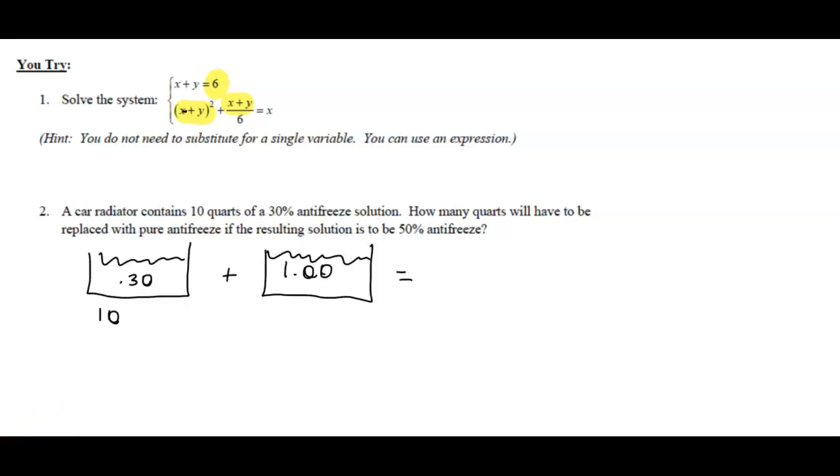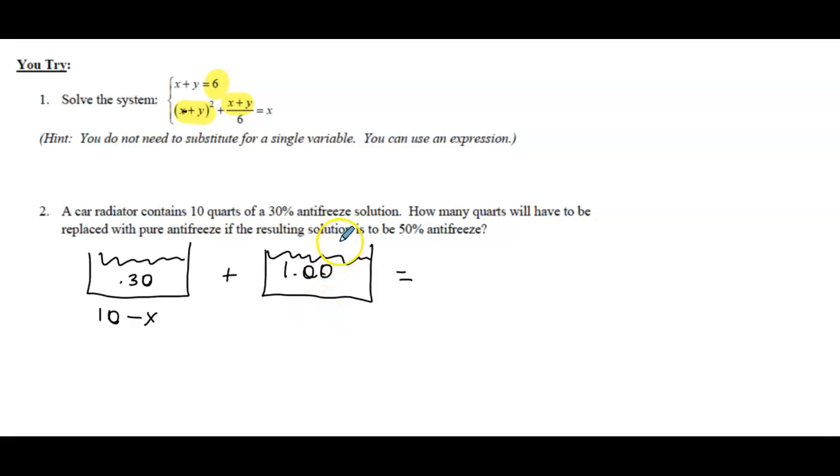You Try number 2, I would like you to try on your own, but here are a few hints. You have 30% antifreeze and you have 10 quarts. This one though, you're going to take out some of that antifreeze and replace it with pure antifreeze. So since you're taking stuff out, you have your 10 quarts and you're going to subtract the amount you take out, which is x.